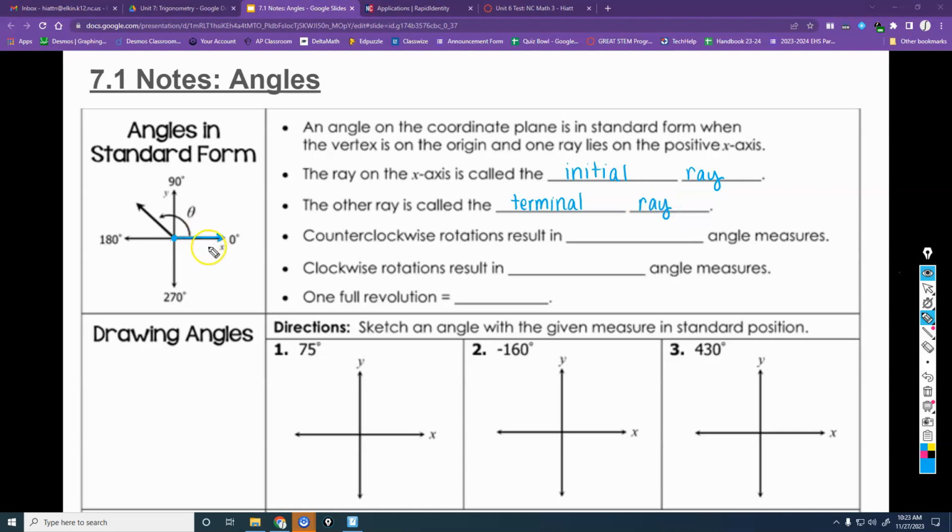So if we label that over here, this side right here is our initial ray. That's the part of the angle that's there on the x-axis. It will always be there if it's in standard form, and everything we're going to deal with is going to be in standard form. The terminal ray would be this side over here.